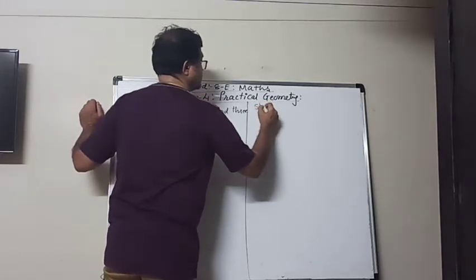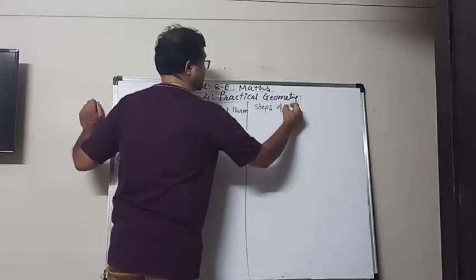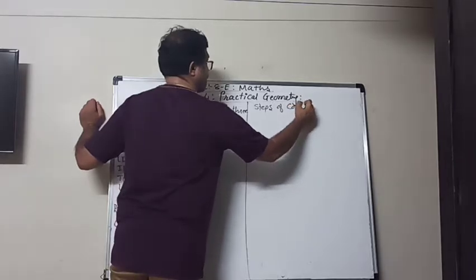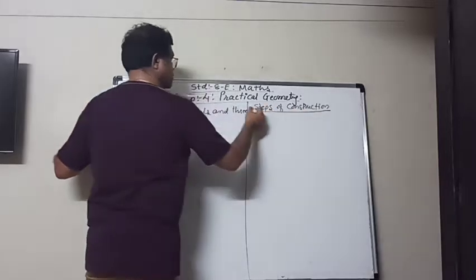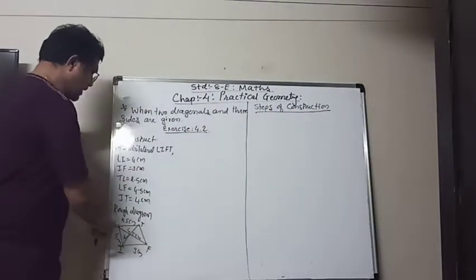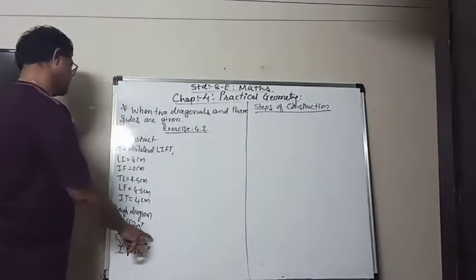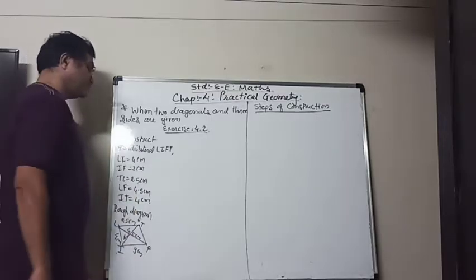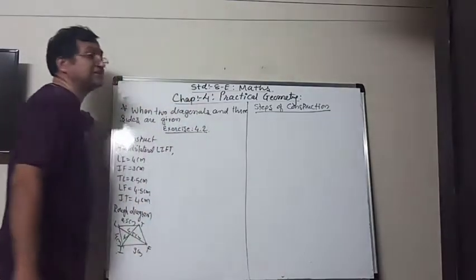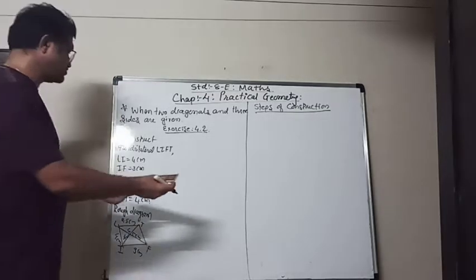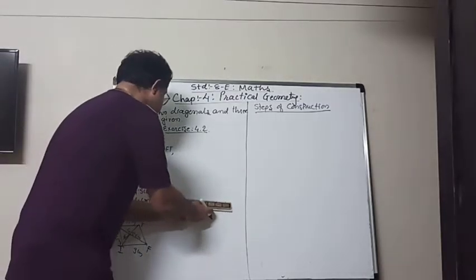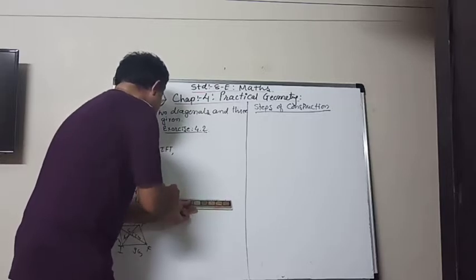Here, as I told you, together we will write down the steps of construction. So my first step is that I will draw the first diagonal LF. What is 4.5? It means I will take 18 centimeter. So first of all, I will draw 18 centimeter.